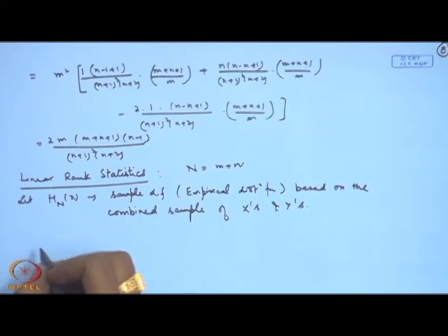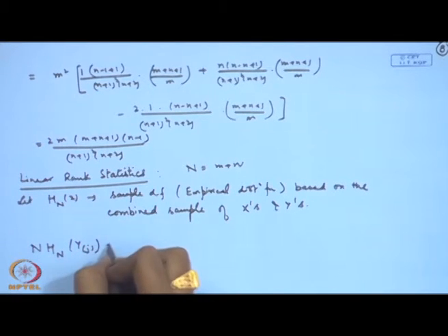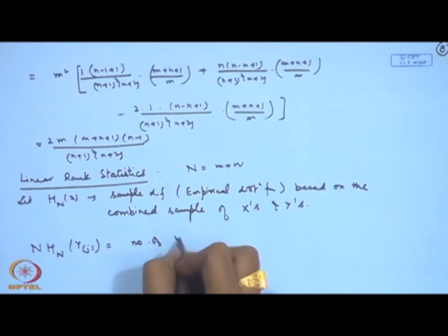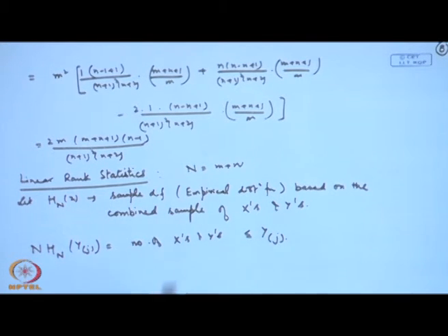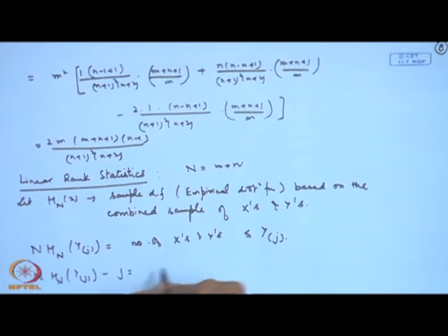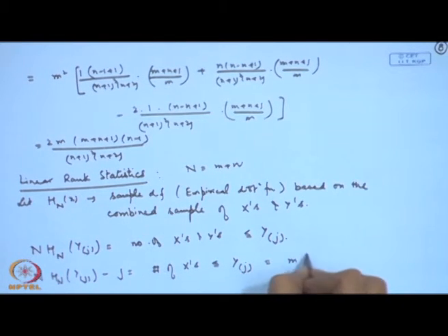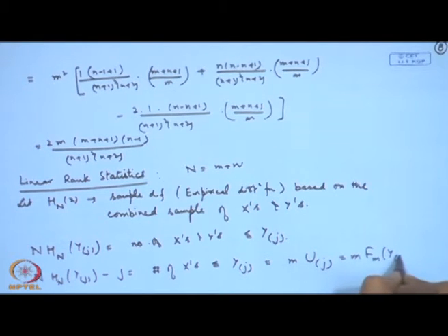That means, if I consider N times H_N of y_j, then it is the number of x's and y's which are less than or equal to, say, y_j. So, if I consider N times H_N of y_j minus j, then it is equal to the number of x's less than or equal to y_j, that is equal to m times U_j, which is the one defined earlier, that was m times F_m of y_j.